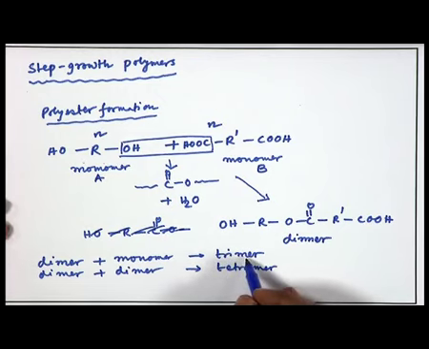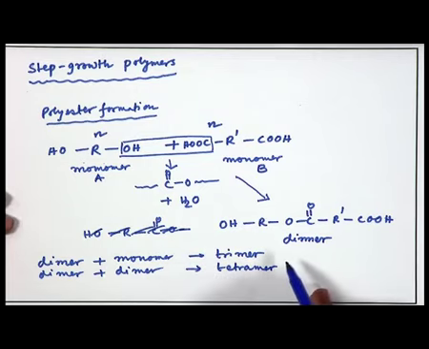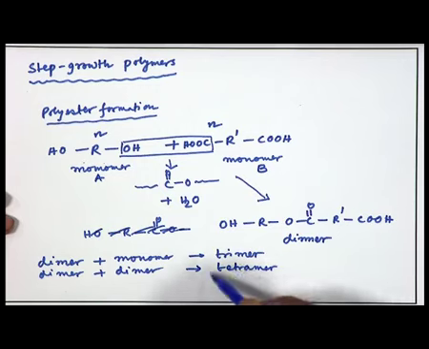Again this trimer which is produced can react with monomer forming tetramer, it can react with dimer forming pentamer, it can react with another trimer to form hexamer. Similarly, tetramer can react with dimer forming hexamer, react with the trimer forming heptamer, or it can react with another tetramer forming octamer.